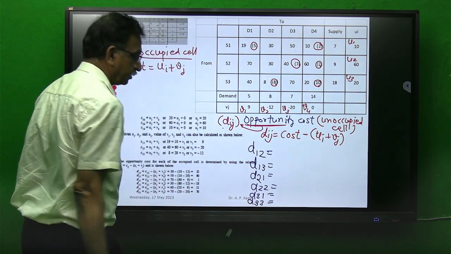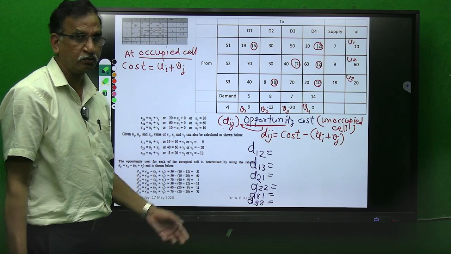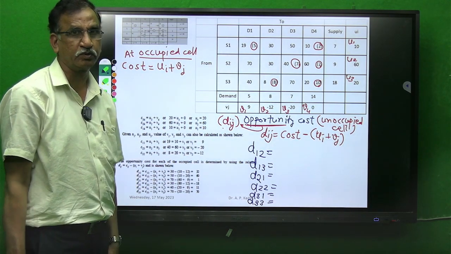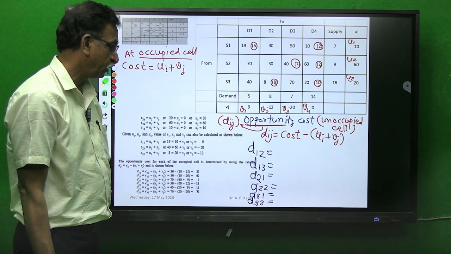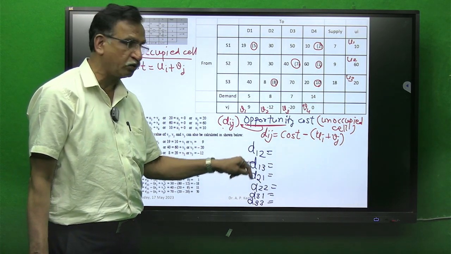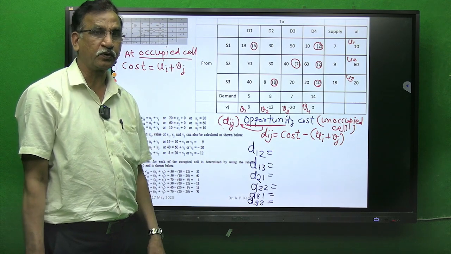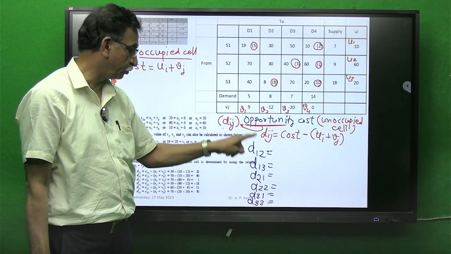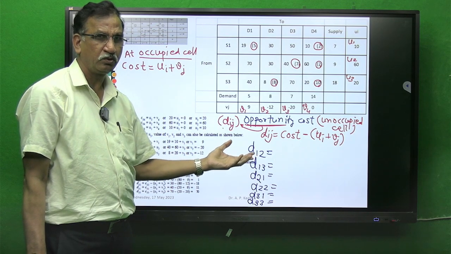This is very important. We will now evaluate the values and decide whether the current solution is optimal or not. Sir, is it necessary to write D12 like that? What will happen if I write D S1 D2? That will do.